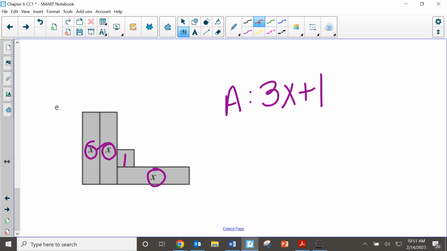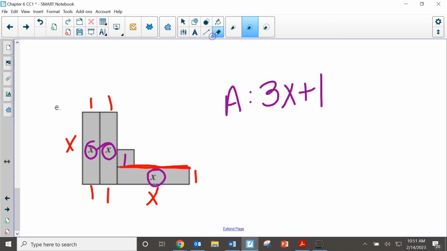And remember, a perimeter is just the outside. Okay? So this side is x. We know this is 1, this is 1. This is 1, this is 1, this is x, this is 1. This side, okay, this is not a full side of x because if this was my yard and I was to put a fence around it, I wouldn't put a fence on this piece, okay, because that would be cutting into my yard and I would just have this random piece of fence sticking out.